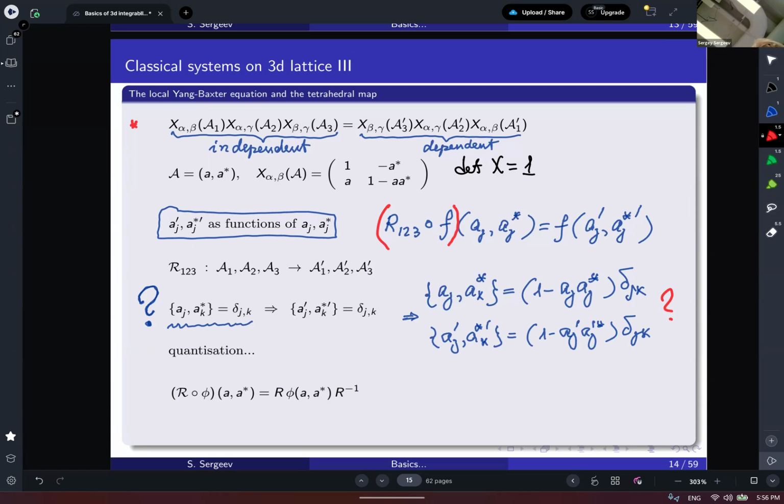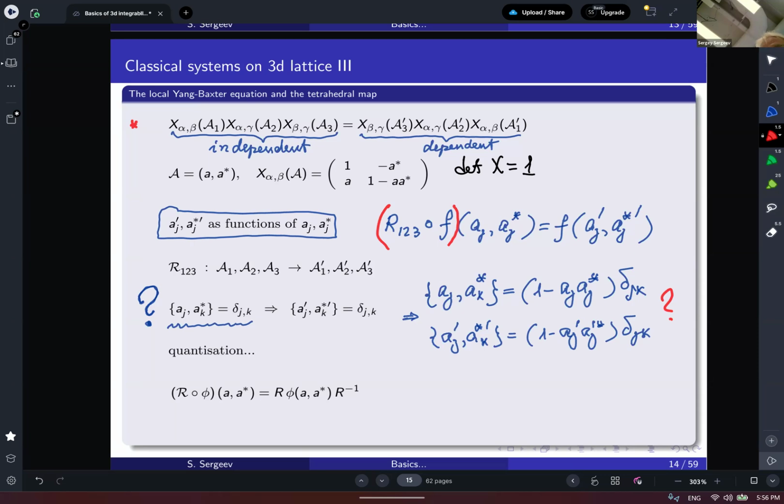Well, that's a straightforward way to quantization, by the way. Quantum theories will be the subject of the next lecture. Today we're talking about the classical model, but look, map R appears to be a canonical map for Poisson. It preserves the Poisson structure, Poisson form. And of course, it's half a step to quantization, just replacing Poisson brackets with commutators or some algebraic relations.